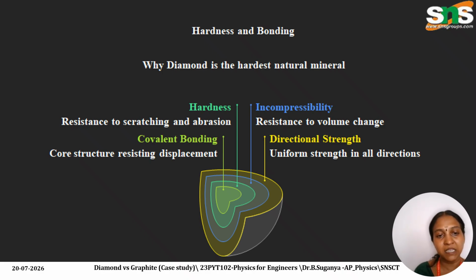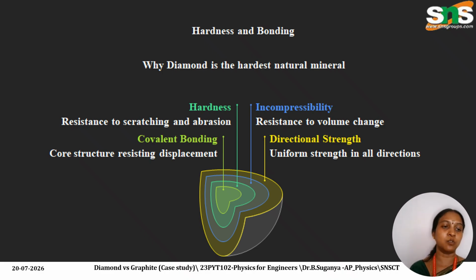The core structure resists the displacement of atoms, which does not happen in graphite, and it has uniform strength in all directions. Diamond is famous for its hardness, because strong covalent bonds hold every atom in a rigid network. It also has a very high melting point, so a lot of energy is needed to break the structure.